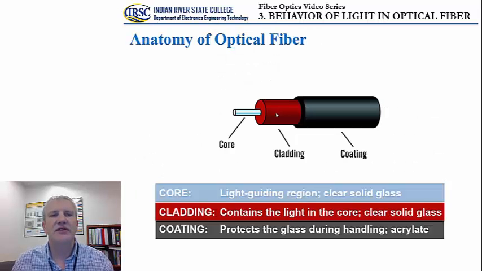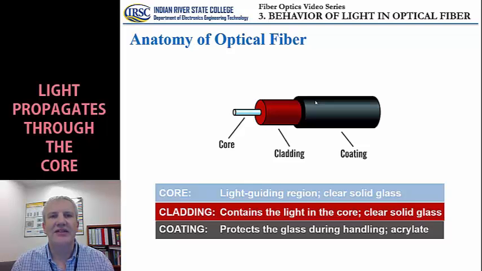Let us first briefly describe the anatomy of the optical fiber. The basic structure of optical fiber consists of three main parts: the core, shown here in light blue, the cladding, shown here in red, and finally the buffer, shown here in black. The core is made out of very pure glass and is used as a light guiding region.